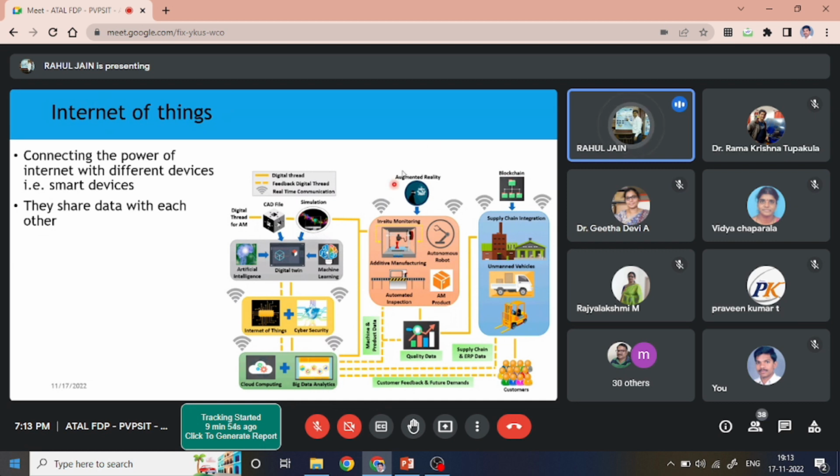Now this is a slightly advanced version, so I'm not going into that, I'm just touching on it. Within IoT, people are also talking about AR, VR, augmented reality, right? What augmented reality can help with is to simulate this entire additive manufacturing process in order to understand how the process will look.